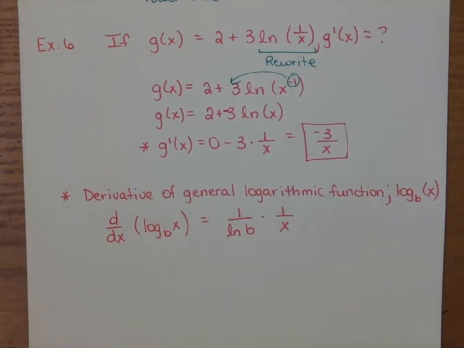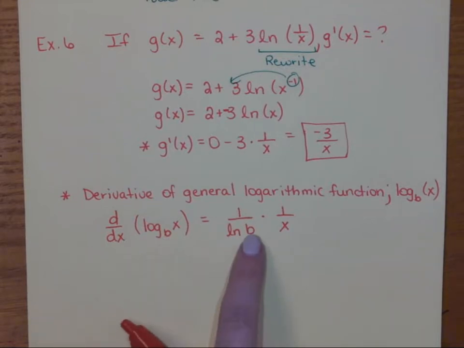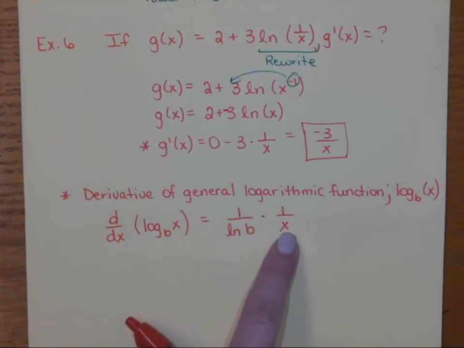Okay, so notice the only part new here is this right here. By the way, this is a constant because b is going to be a number, like maybe base 4, or maybe base 10 or something like that. So it would be 1 over the log of whatever the base number happens to be, and then times 1 over x.